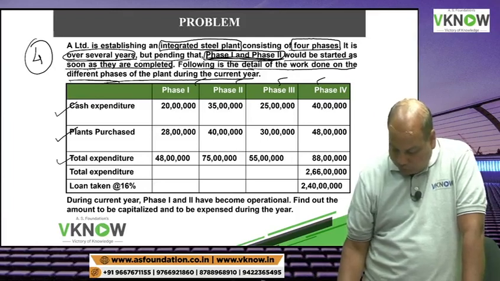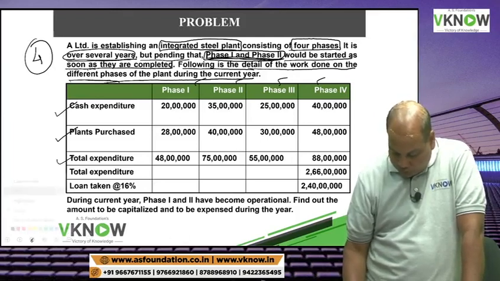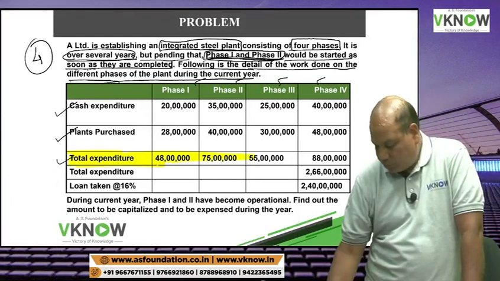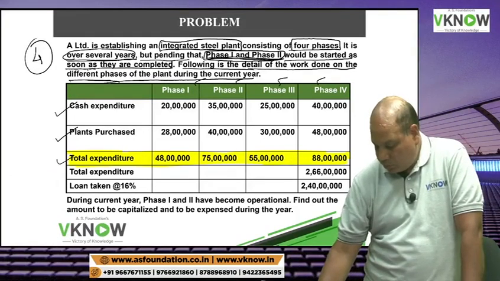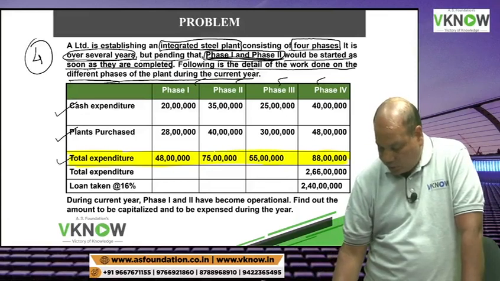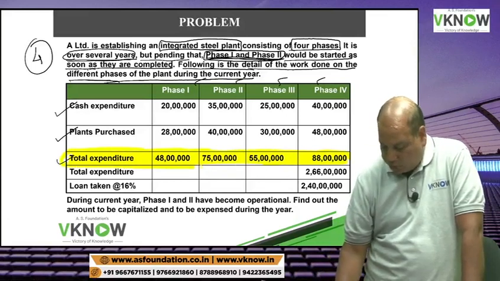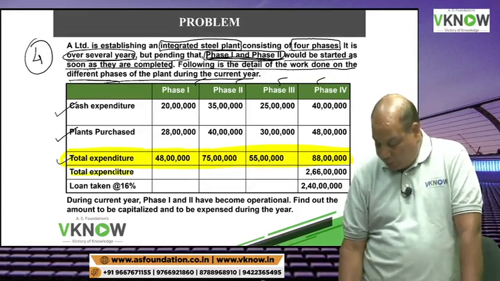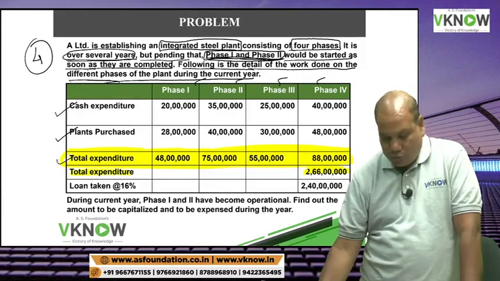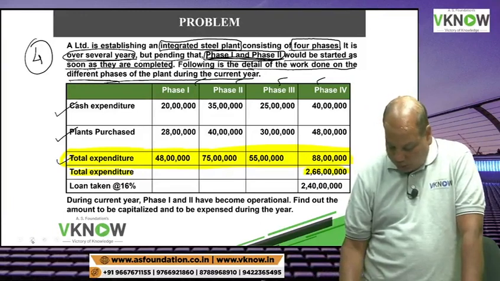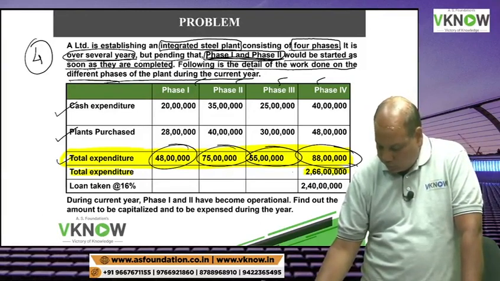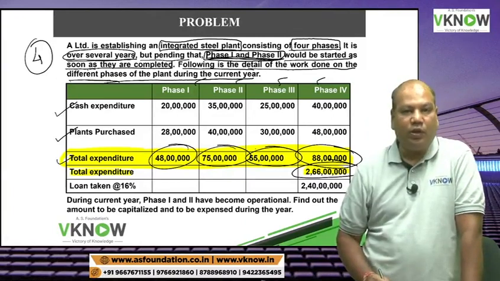What is relevant for us is the total expenditure incurred on phase 1, 2, 3 and 4. And they have taken the total also. If you add these numbers, you will get 2 crore 66 lakh.